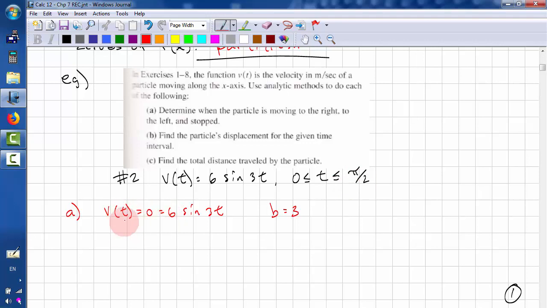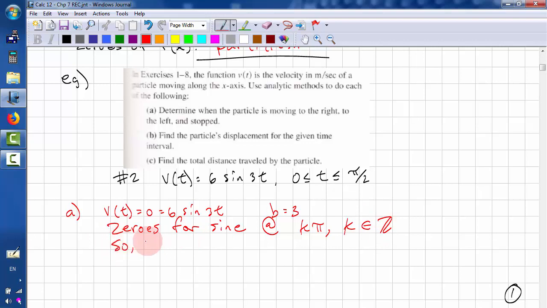We'll note that when solving for v of t equals 0, we have zeros for sine at k pi, where k is from the set of integers.